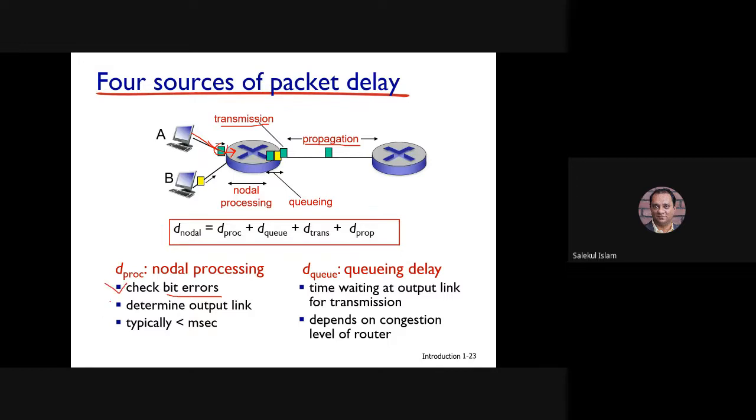The next nodal processing task is determining the output link. That means the routing decision. So these two tasks will take typically less than millisecond. And then once the decision has been taken, then this packet will be added to the waiting queue.